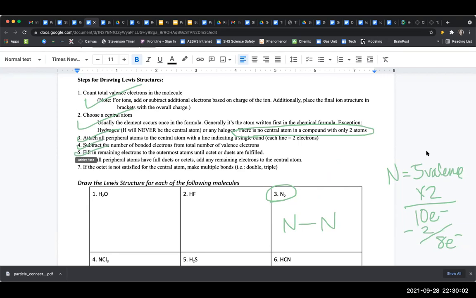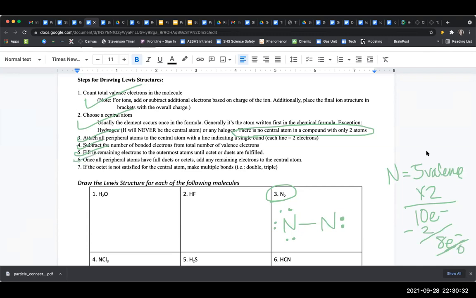So I'm going to put them together in pairs. So you'll never have one by itself. So 2, 4, 6. So now that nitrogen is happy because it has 2, 4, 6, and then 8 from the one that's shared in between. So my last two, I'm going to put on the nitrogen over here. So now I'm done. Now there's 0 left. So there's none to put on the central atom, and there is no central atom.